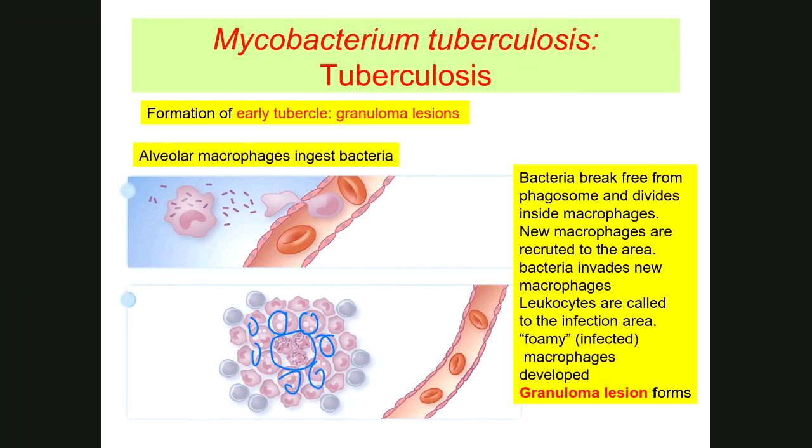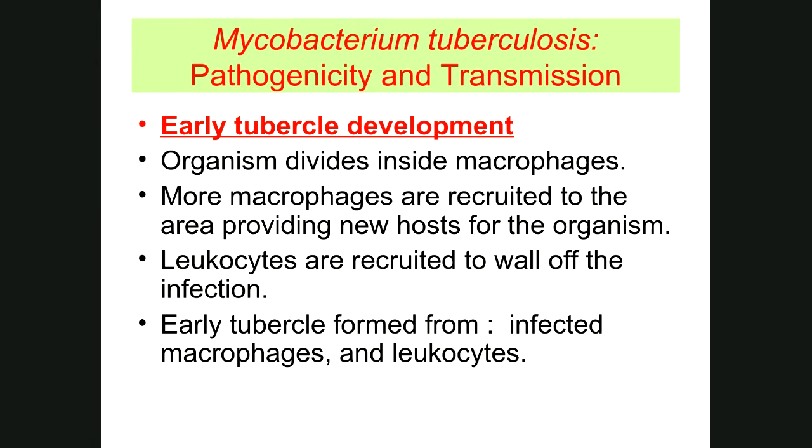So the bacteria sometimes is going to break free from the phagosome and divide inside macrophages. New macrophages are recruited to wall off the infection. And that is what we call the early tubercle or granuloma lesion.